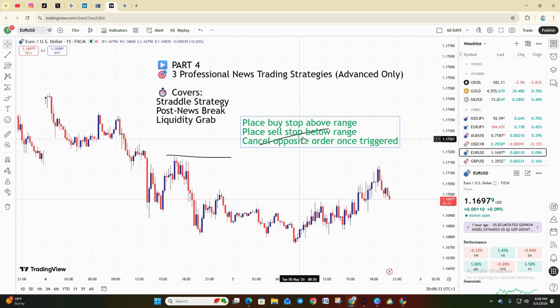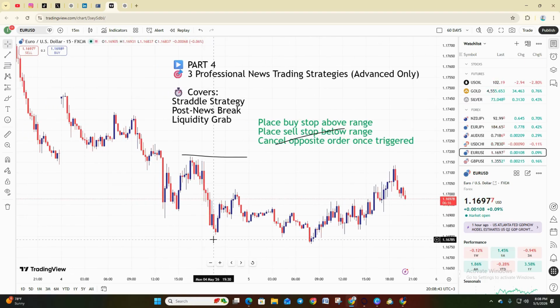And if it's on the sell side, let's take this one as a spike, we will put a sell order below the range where there may be a significant reversal.